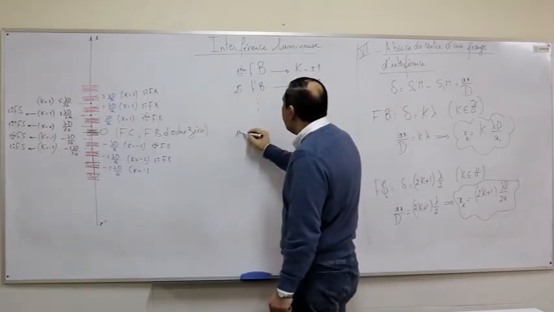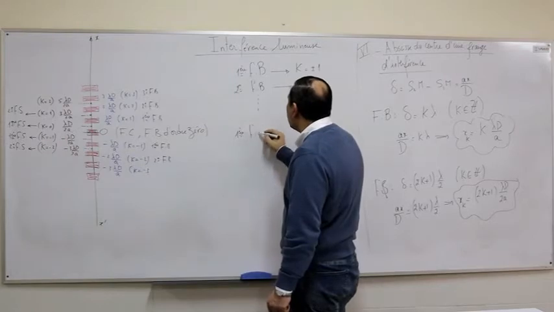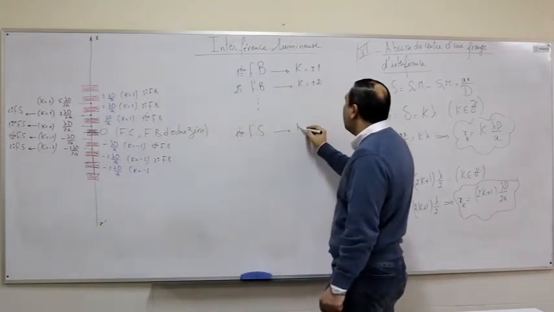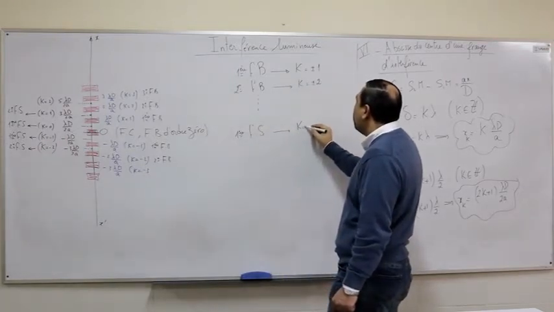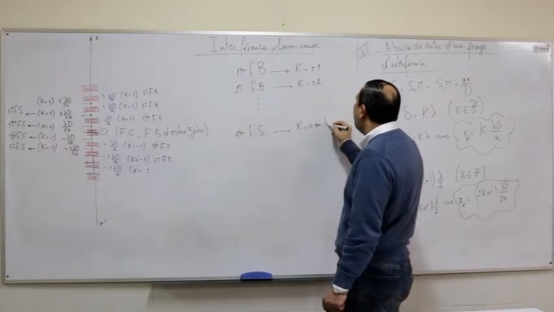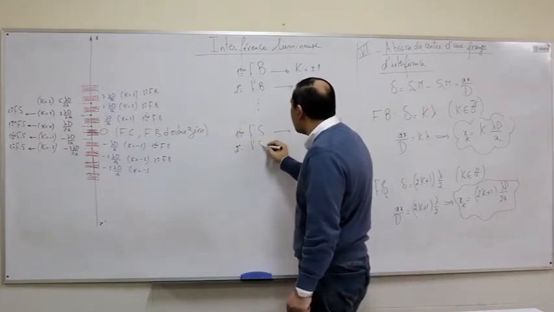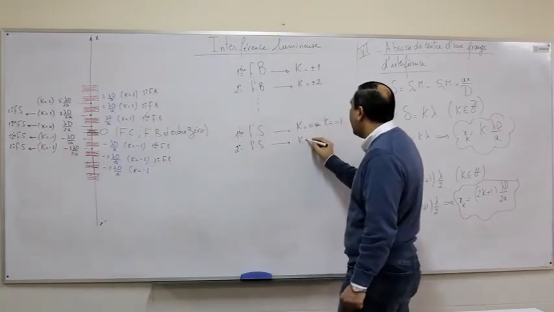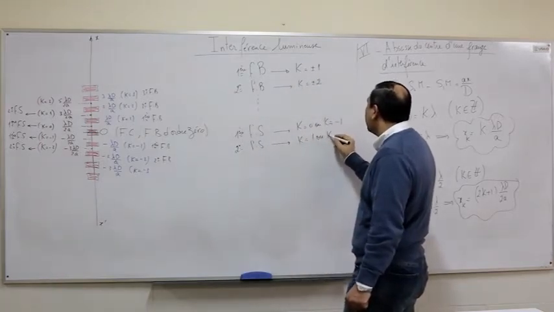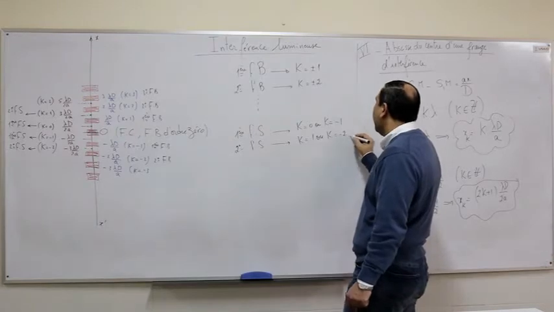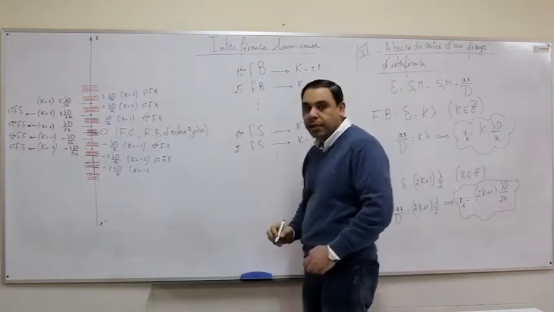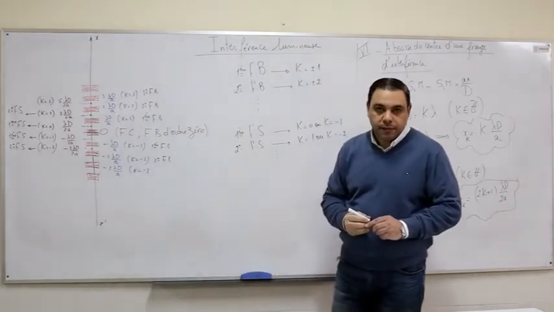But the first dark fringe corresponds to the dark fringe of order 0 or minus 1. The second dark fringe corresponds to k equals 1 or minus 2, and so on. This is a very important note.